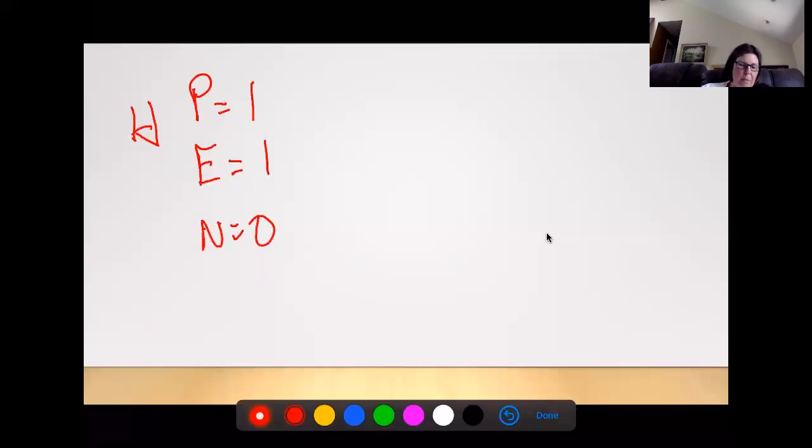Now, what we're going to do is pretend that there is a box around our element. We're not going to really draw this box, but we're going to pretend, because other than that first period, all the other periods or shells have four.